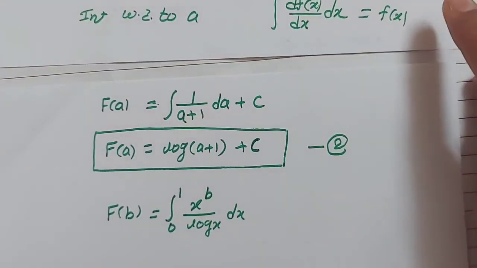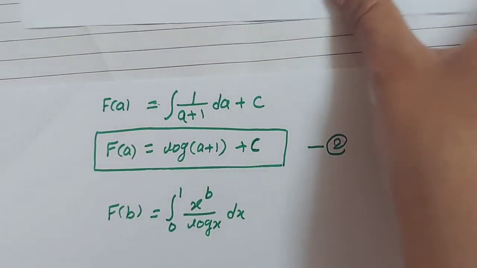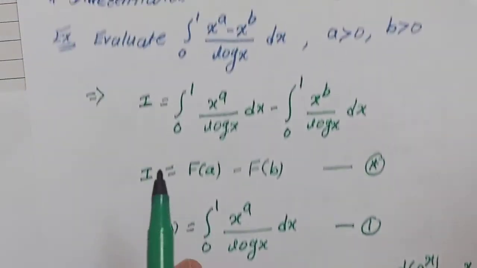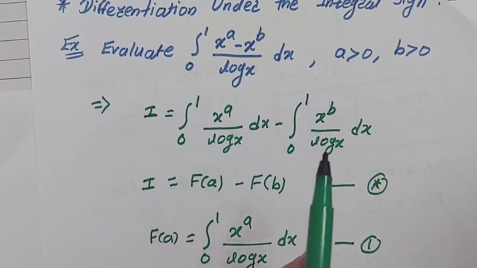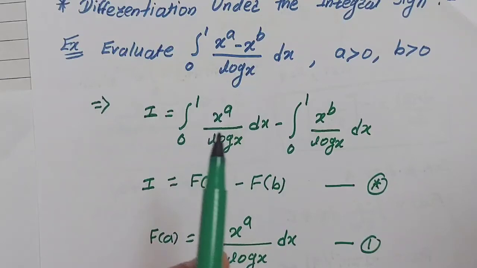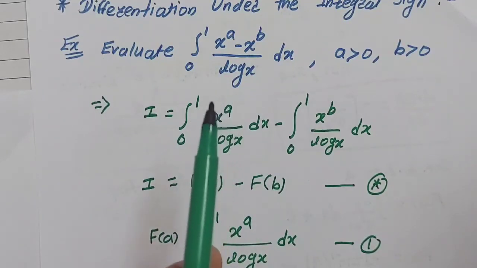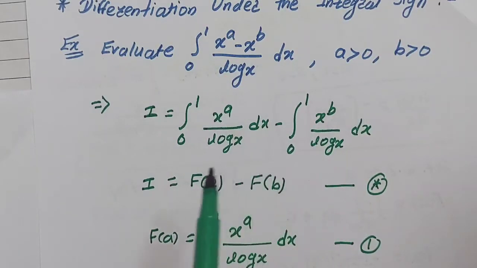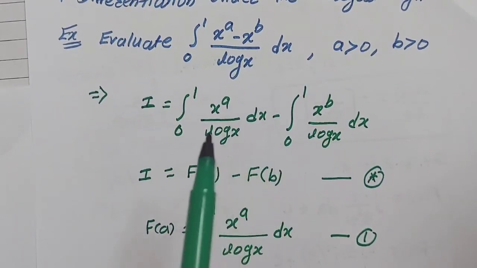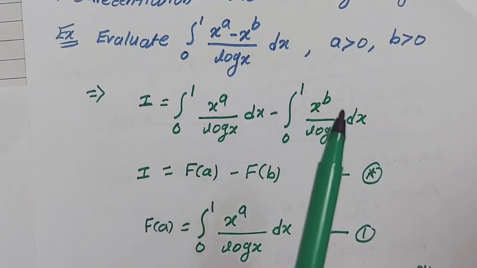If we observe f(a) and f(b), see here f(a) is this one, f(b) is this integral. Both the integrals are similar, just there is a difference of this a and b. That means value of this integral is same, just instead of a we have to write b.